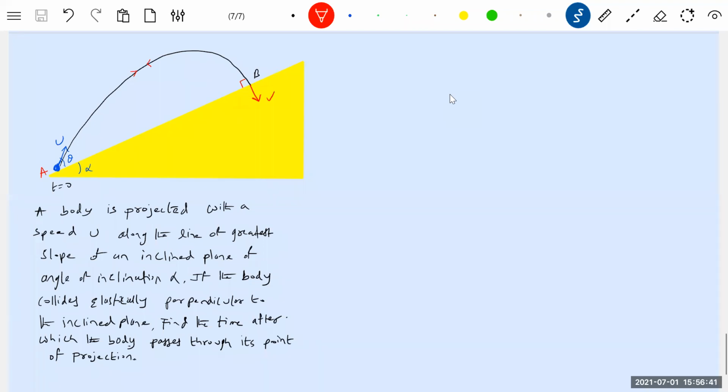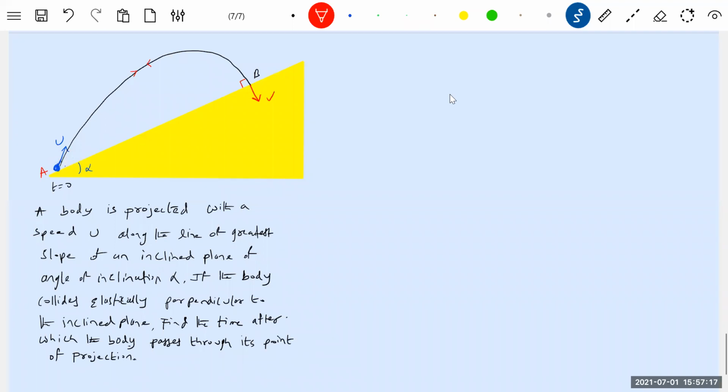Sir, theta is an angle with the horizontal, sir. No, no, along the incline it is given, no diagram. Okay, sir. Okay, I'll do one thing.